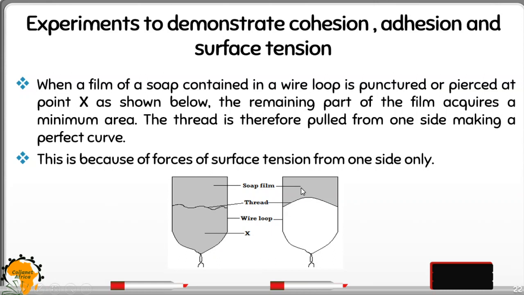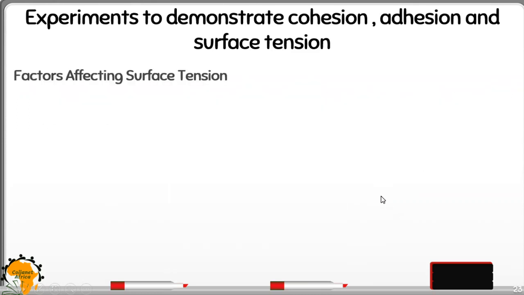This is because the surface tension is only acting on one side, and this will act so that it can minimize the area, so that way it is able to pull it and form a perfect curve. Then we move to factors affecting surface tension.